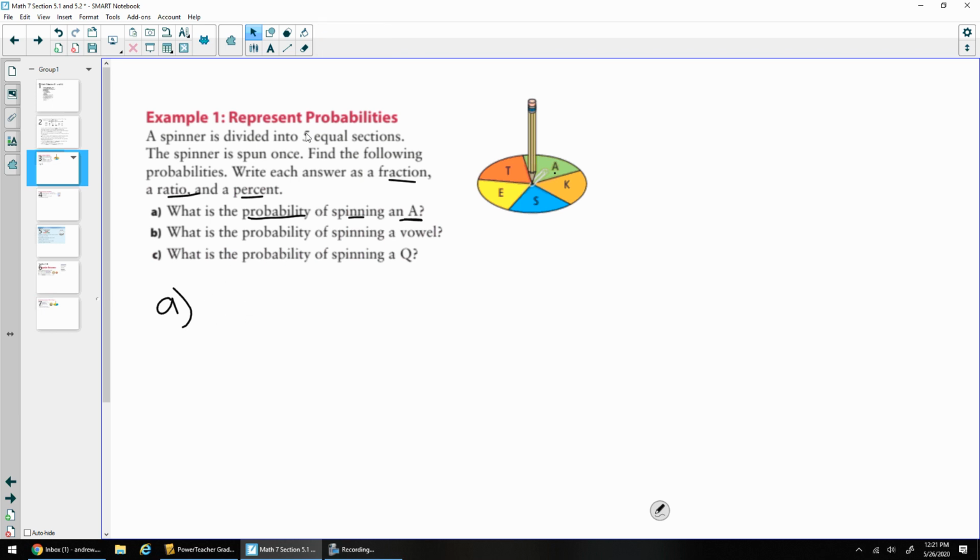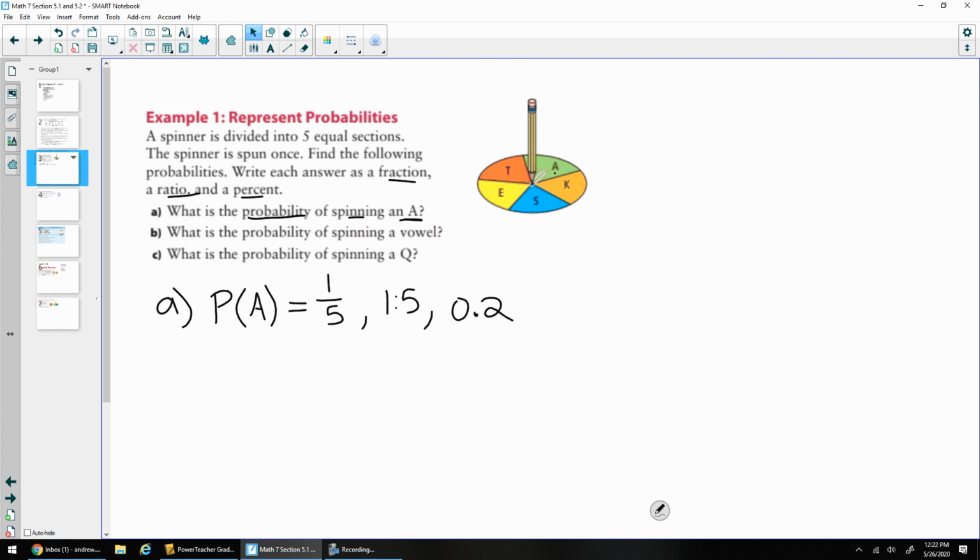And the notation that we use is to say, the probability of, and then you put in brackets, so the big P is probability of A, probability of getting an A is equal to, well, there's 1 A out of the 5 outcomes. We could write this as a ratio as well, which would be 1 to 5. Or we could write it as a decimal. 1 divided by 5 is 0.2. You could write it any of those ways.